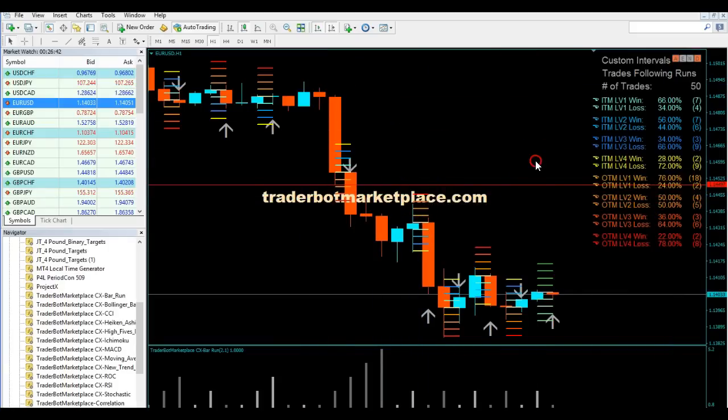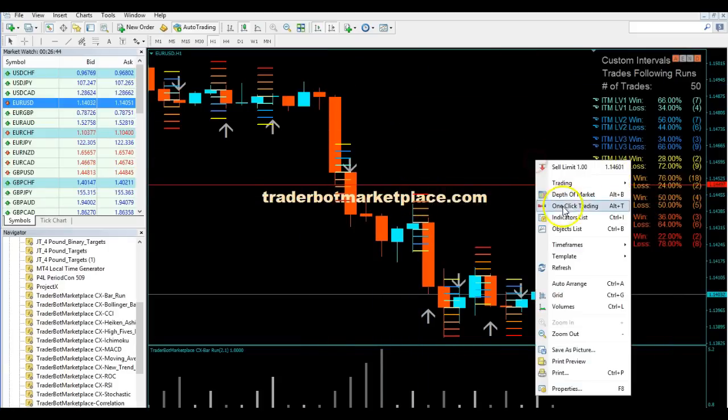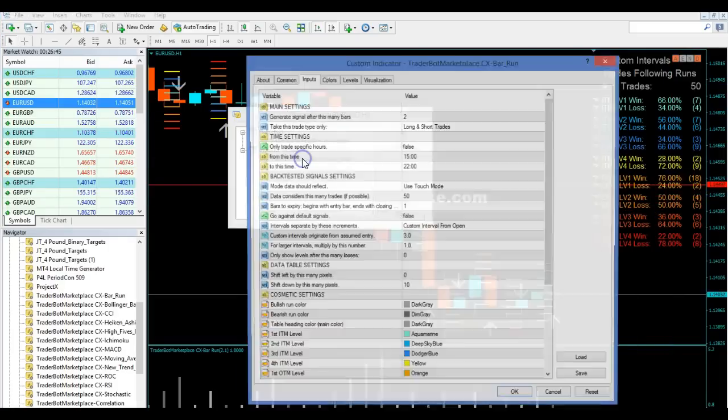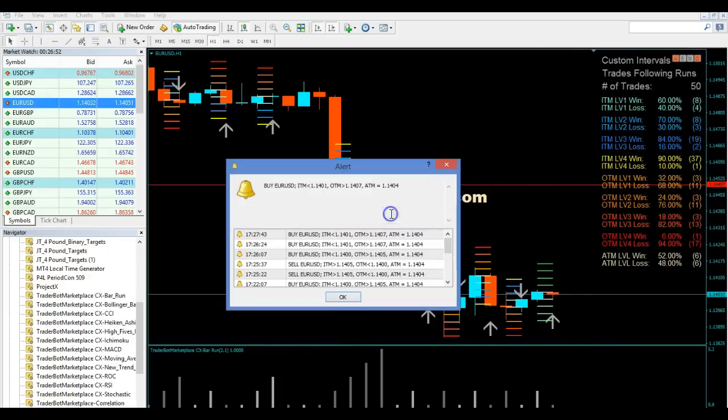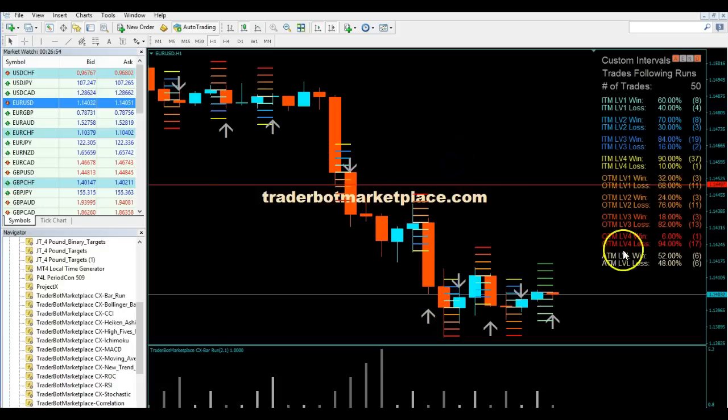Now let's check on expiries. Okay, now it has a 52% win rate expiry at the money, which means where the signal comes out. Let's see.